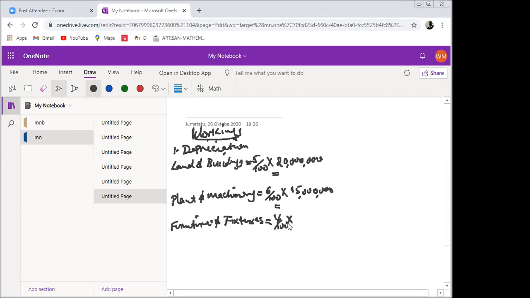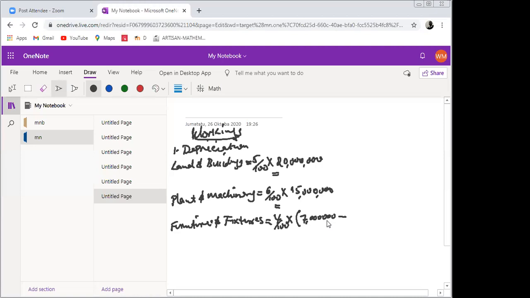Now you have been told it is not on cost, but reducing balance. Once you have been told it is reducing balance, then you must minus the accumulated depreciation from the cost. So what is the cost for furniture and fixtures? The cost is 7 millions.